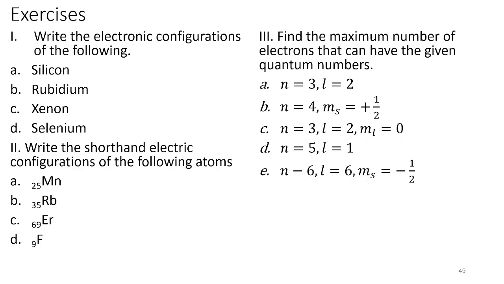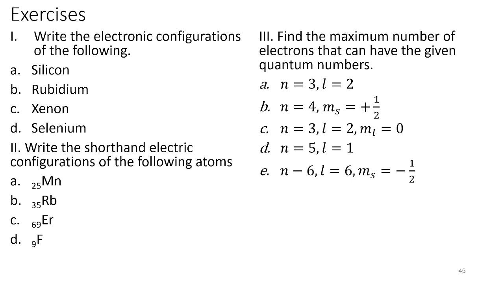And lastly, I have here an exercise. So for those of you who will not be watching this video entirely, you will be missing this exercise. This is actually a three-part exercise wherein for the first part, you need to write the electron configurations of the following. Do not use shorthand, please.